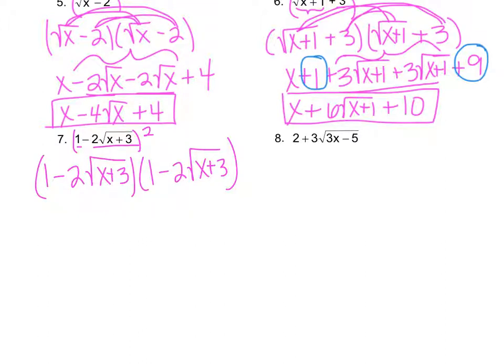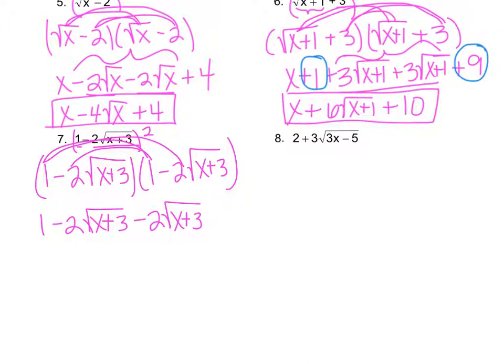So I'm going to multiply the 1's to get 1. 1 times negative 2 square root of x plus 3 is negative 2 square root of x plus 3. And then negative 2 square root of x plus 3 times 1, negative 2 square root of x plus 3.